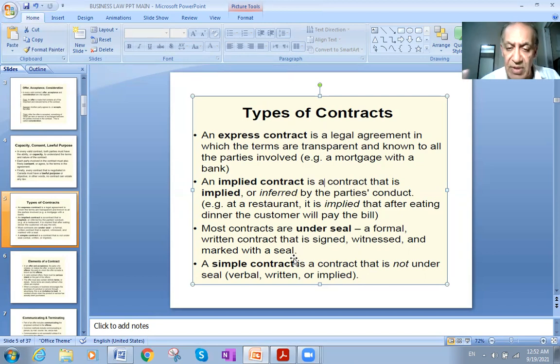Usually there are two witnesses, sometimes one in some special cases, but mostly two witnesses. And it's stamped also. The contract itself has a stamp.